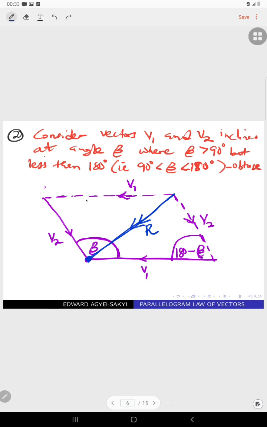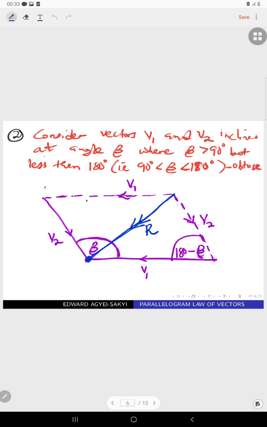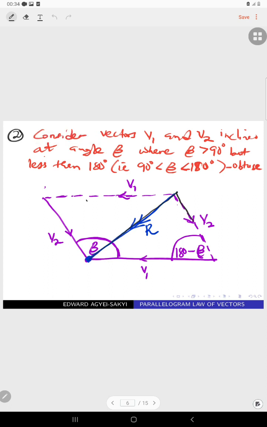Okay. Now what do we do? You apply the cosine rule. So using the cosine rule in the triangle. Which of the triangles? We are talking about this triangle. This triangle is where we are applying the cosine rule.